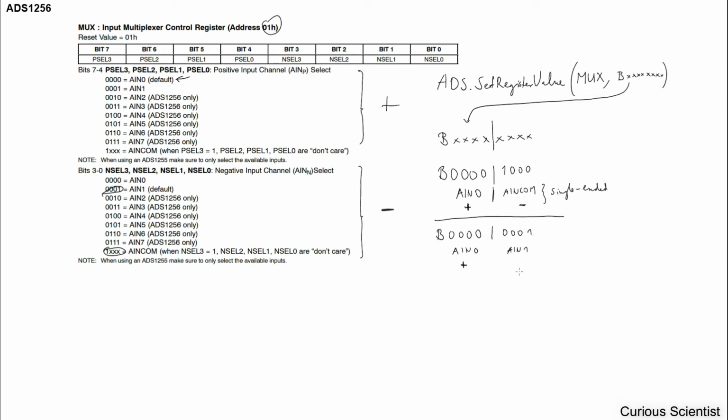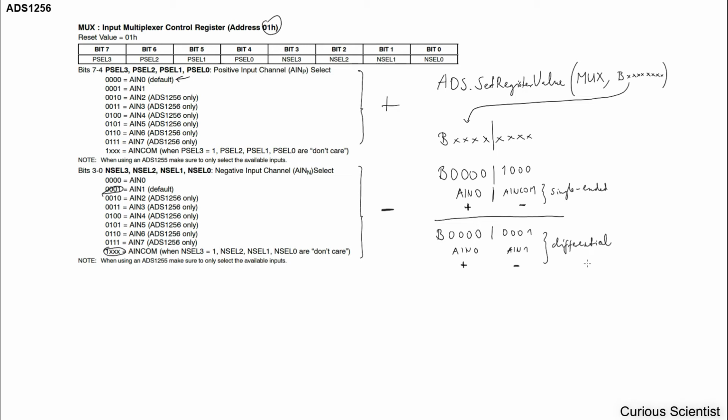So this means that this will be the negative, and in this case we use the circuit in differential mode. This will cause a better precision, so it's much better, and you have less noise.